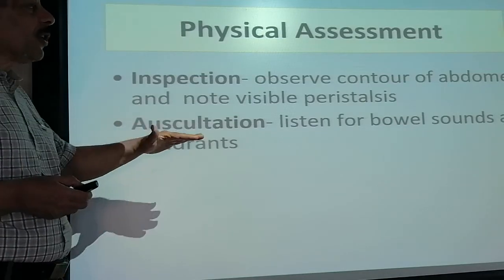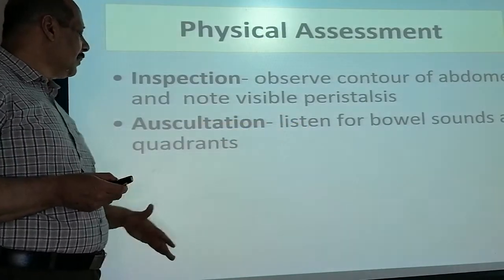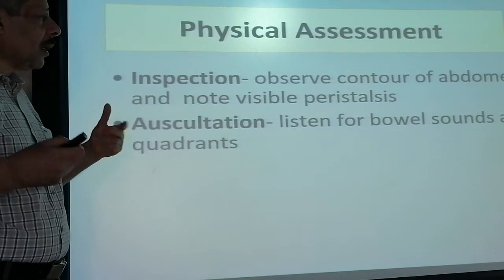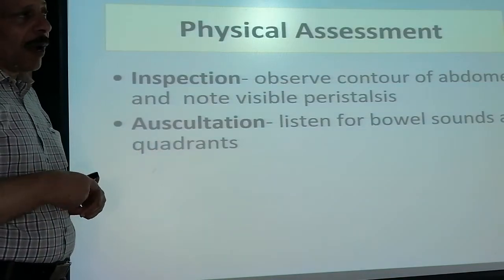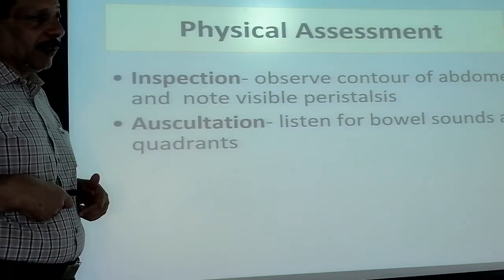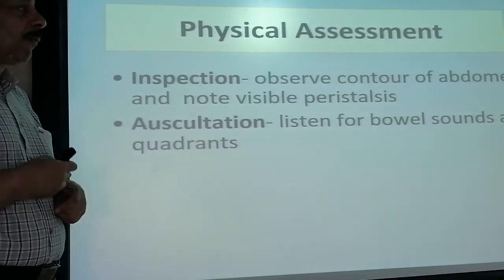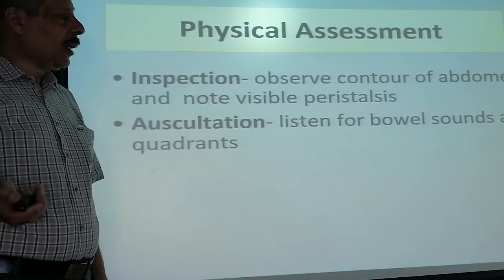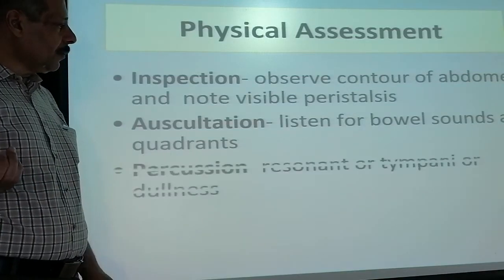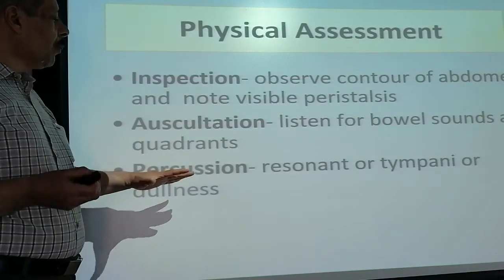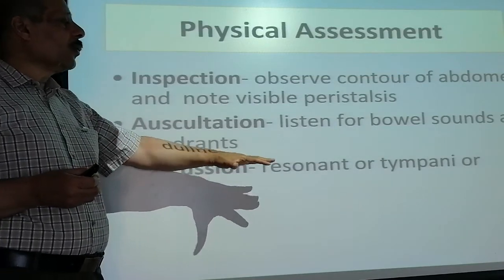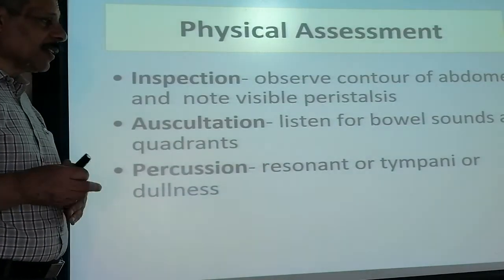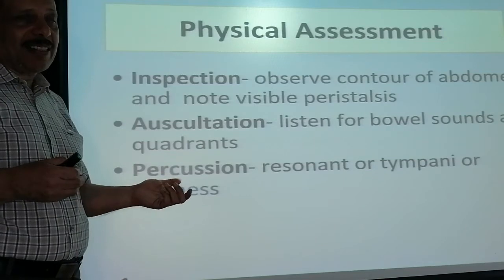Auscultation. We have to listen to the bowel sound in all four quadrants of the abdomen. So we have to listen for the intestine and the bowel sound in the abdomen. Percussion is to see resonant, tympanic, and dullness.